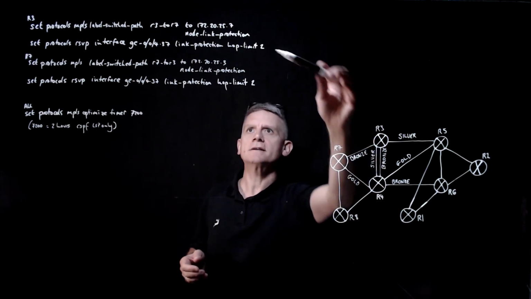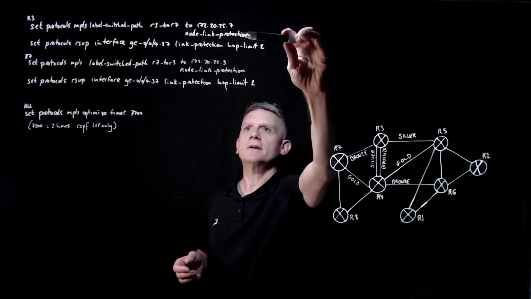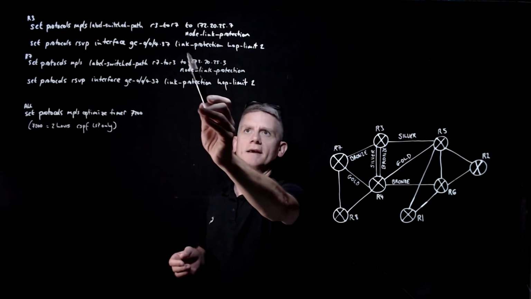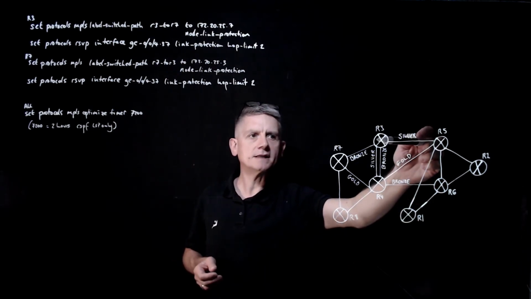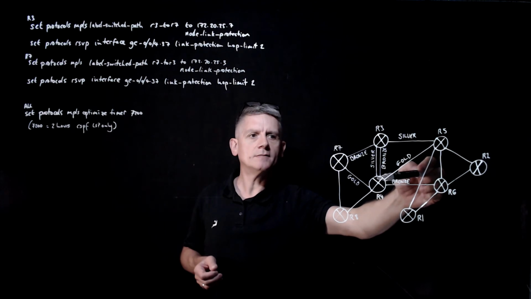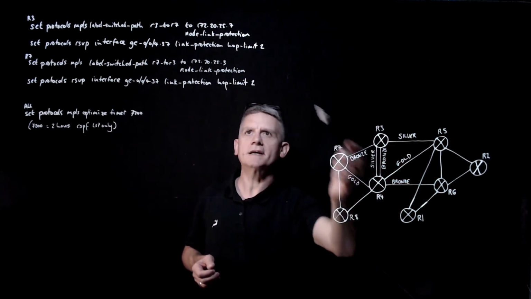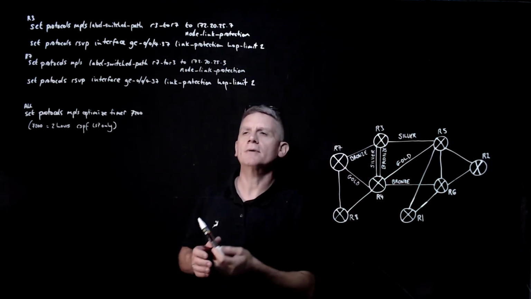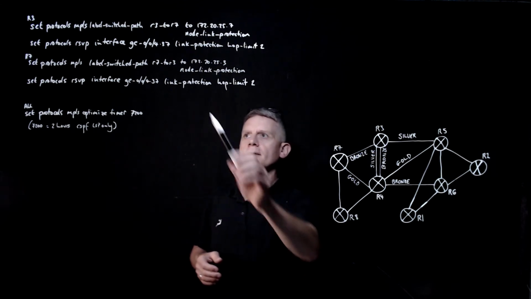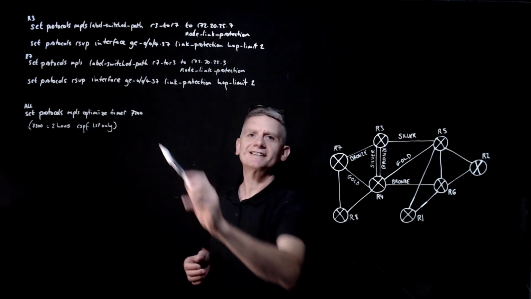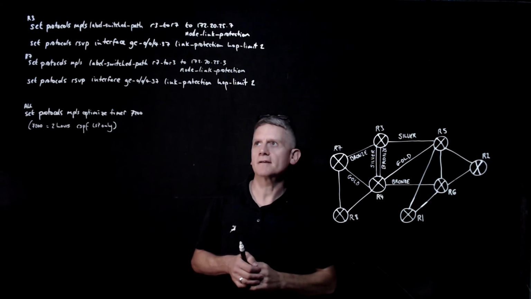But in fact, even though this is node link protection, the hop counts here are the links. And what we're basically saying is that's a hop and this is a hop. And that's why setting the hop limit to 2 on the link protection under RSVP fulfills the criteria.